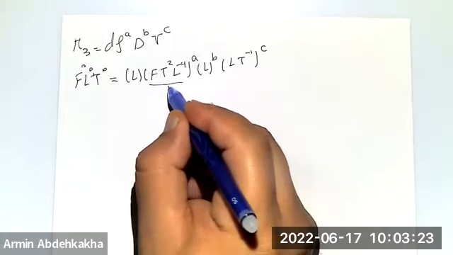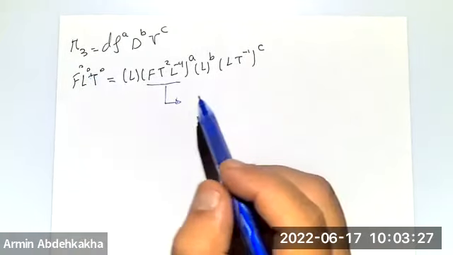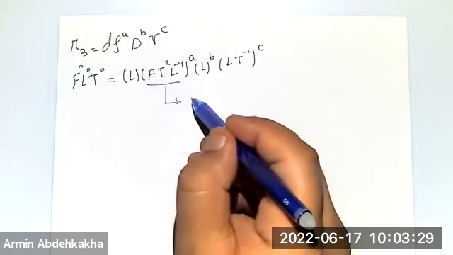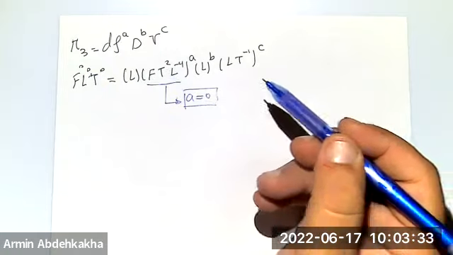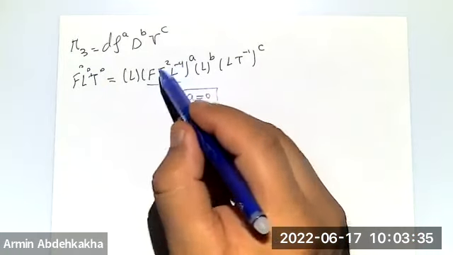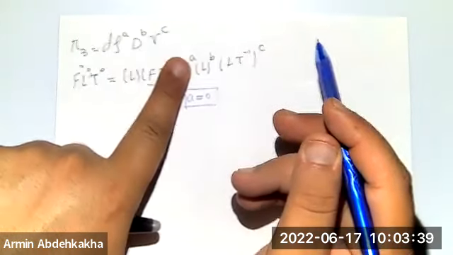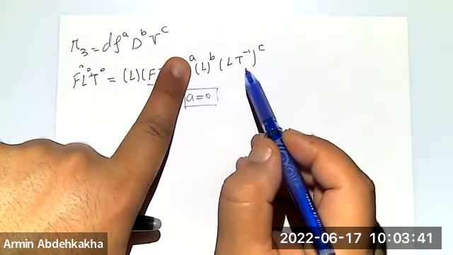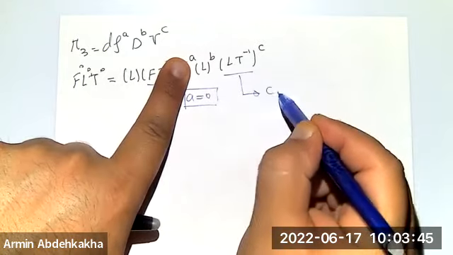If you want to find this as F L T all to the power of 0, then a should be 0 here. When a is 0, you don't have it, and again, the only term with T now is here, so this is going to be also 0.